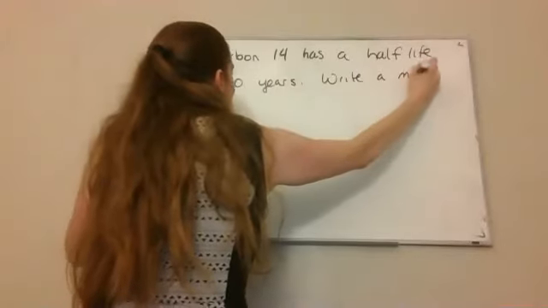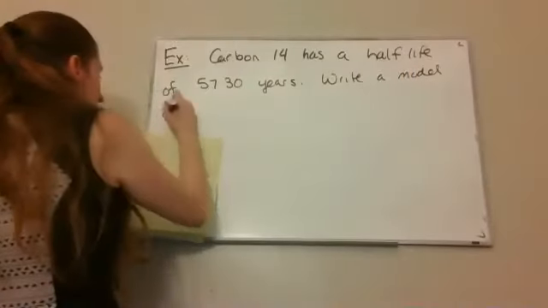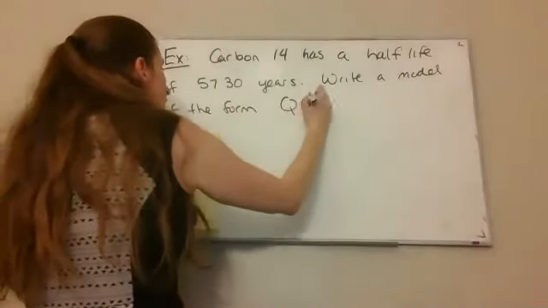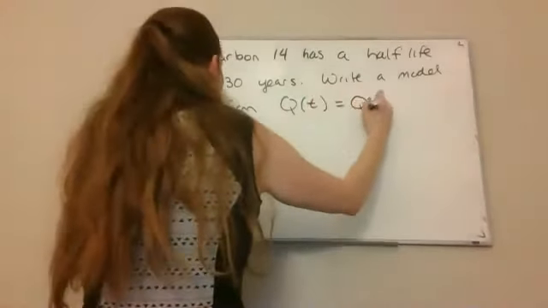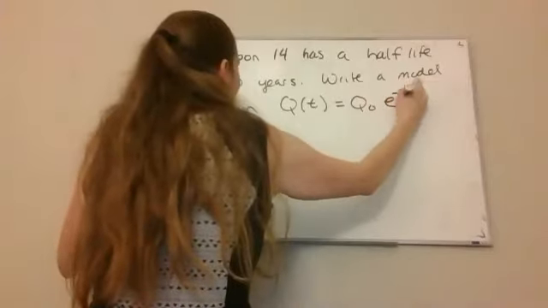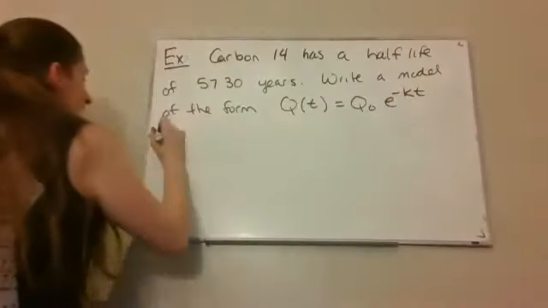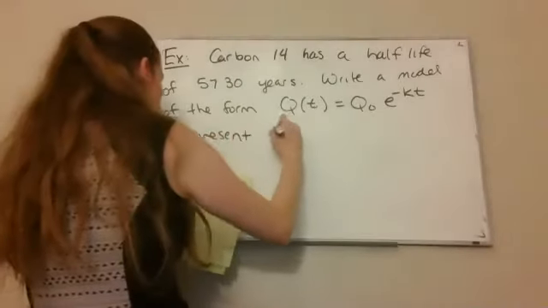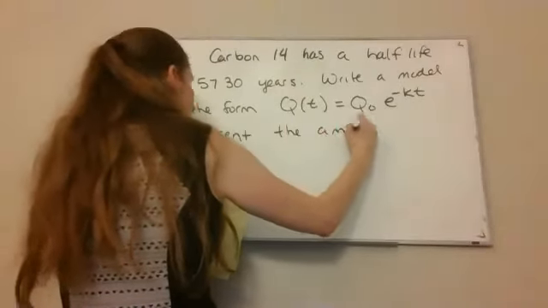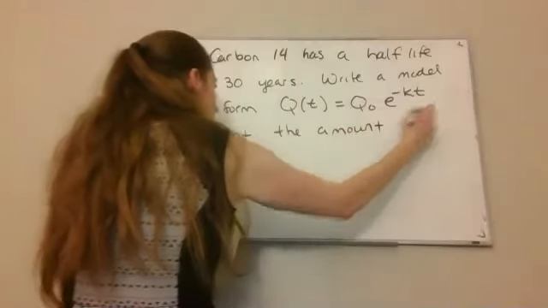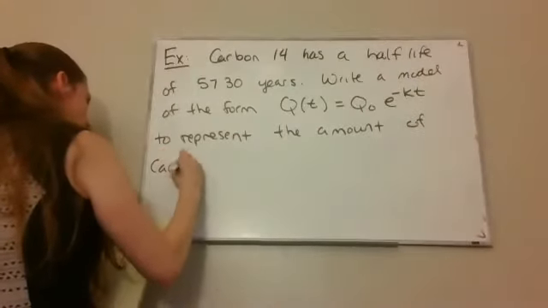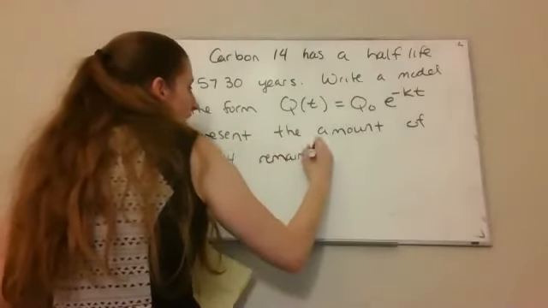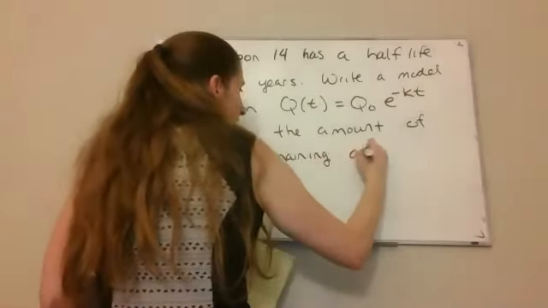We want to write a model of the form Q of t equals Q0 e to the negative kt to represent the amount of carbon-14 remaining after t years.